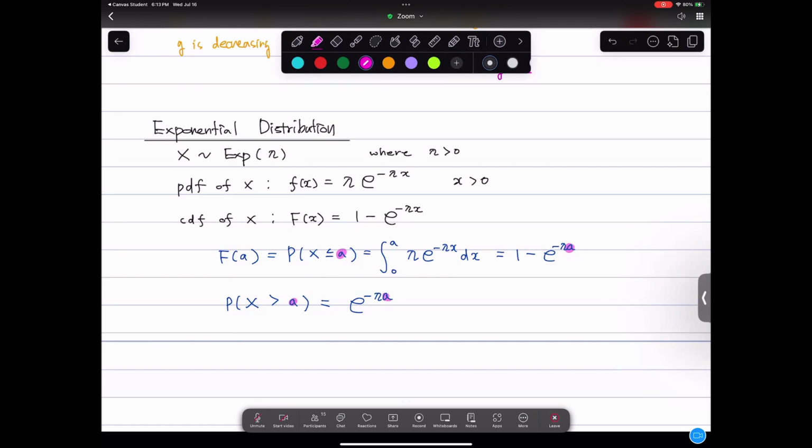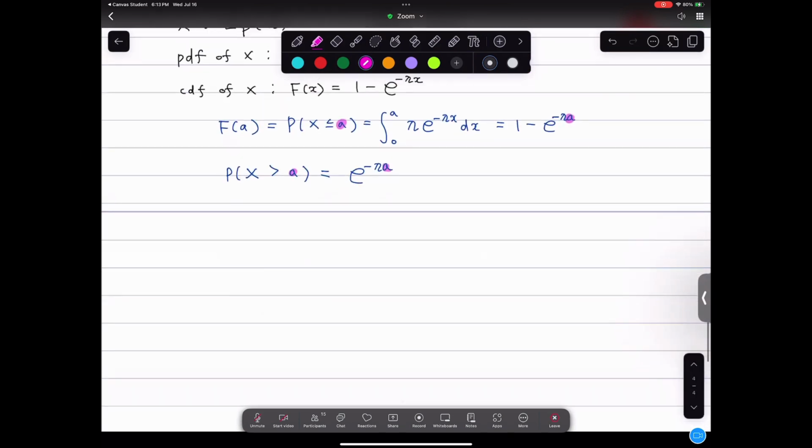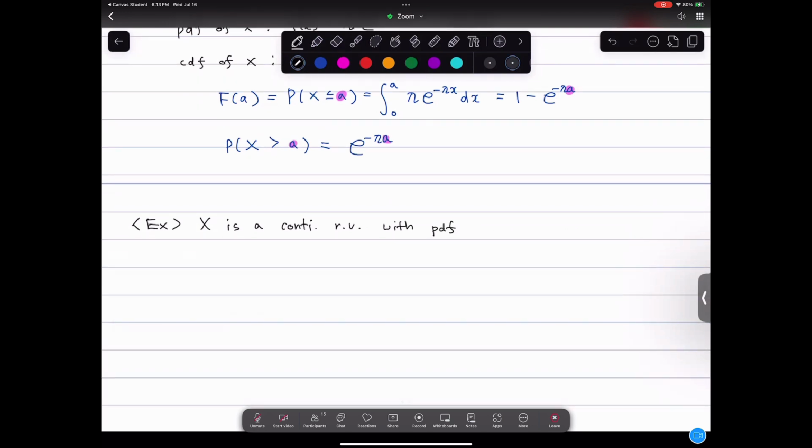So let me do an example with exponential. X is a continuous random variable with its PDF as this. The PDF was f(x) equals e to the power of negative x for x greater than 0, and 0 otherwise.